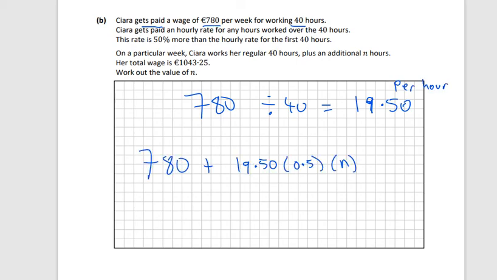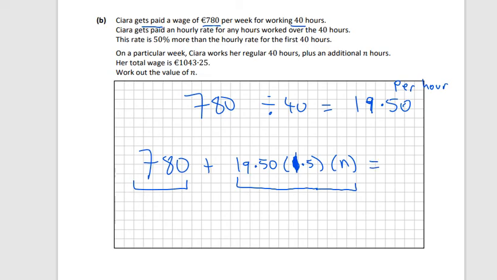Therefore, this equation then is how much she earns in the week. So 780, that's the wage that she gets for her 40 hours. Then she gets an extra 19.50 times 1.5, because it's time and a half. So it'll be the 19.50 plus 50% of that again. So it's 1.5 times by the number of those that she works.